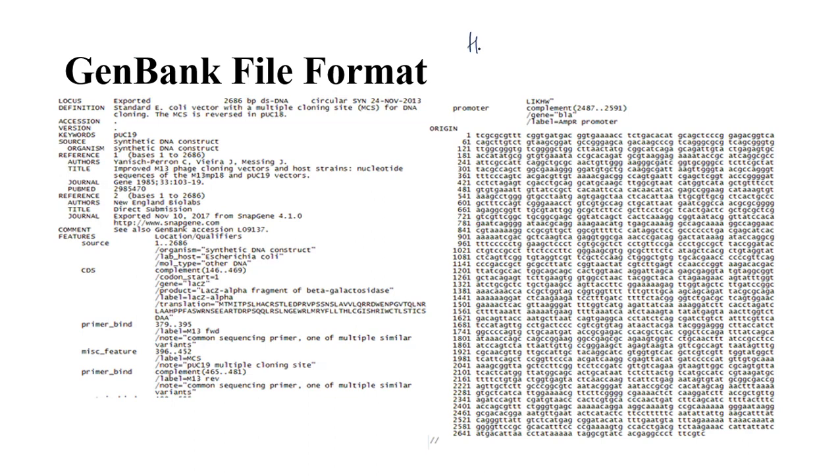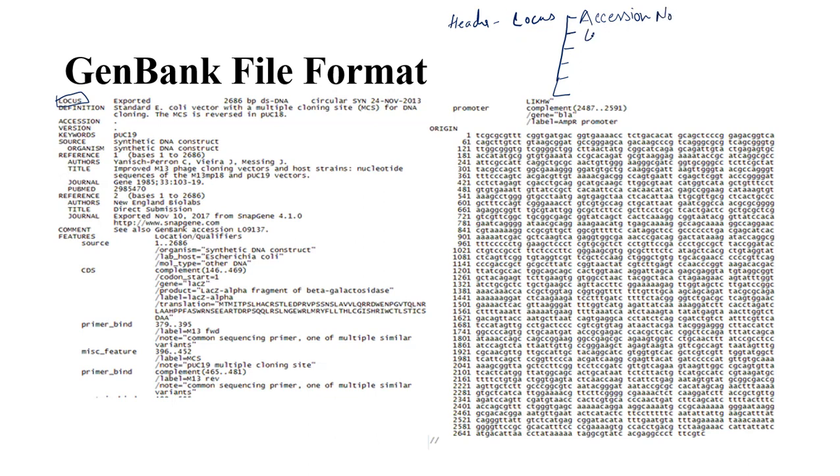So the first thing is the header. What does the header contain? The header contains the locus. Here, see this. This is the locus. You have to remember this. It is asked many times how many entries a locus contains. There are 6 entries. The very first one is the accession number, I'll explain what it is.